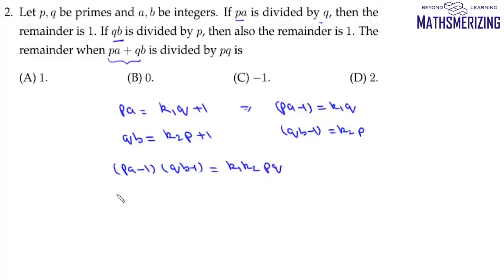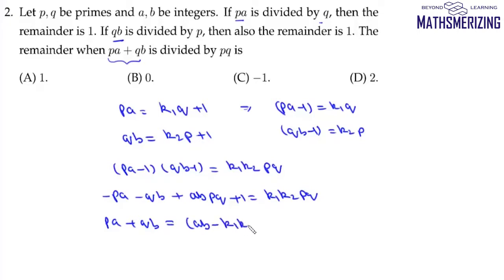Now multiplying it out, we get minus PA minus QB plus AB PQ plus 1, and it'll be equal to K1 K2 into PQ. Now we'll rearrange this: PA plus QB will be equal to (AB minus K1 K2) PQ plus 1. So when PA plus QB is divided by PQ, it again leaves the remainder 1. So the answer to this question is option A.